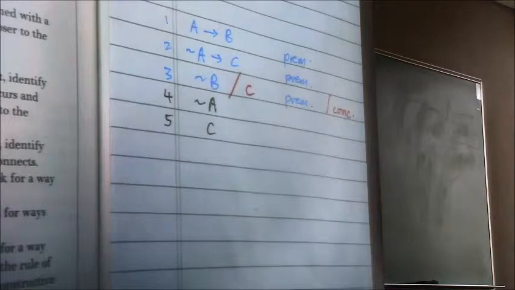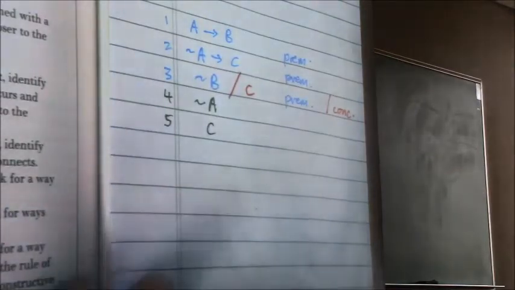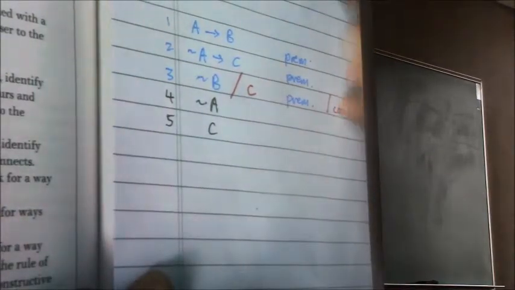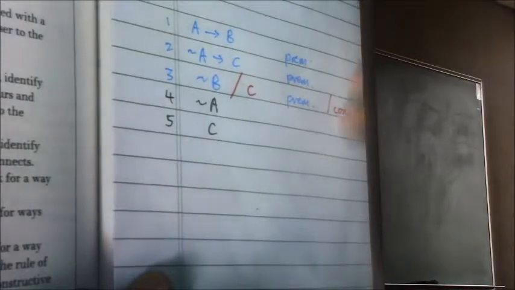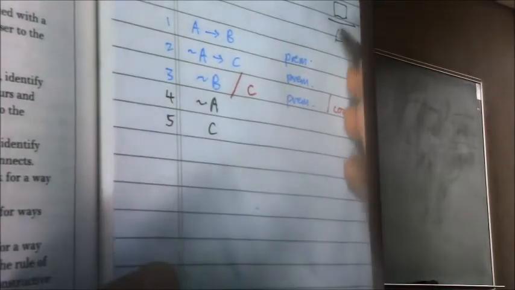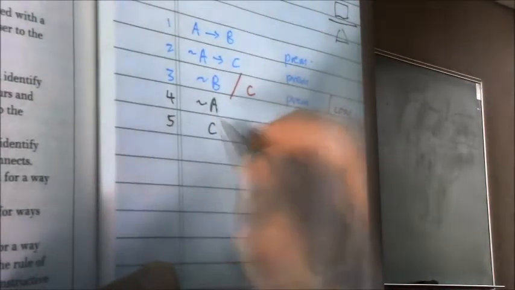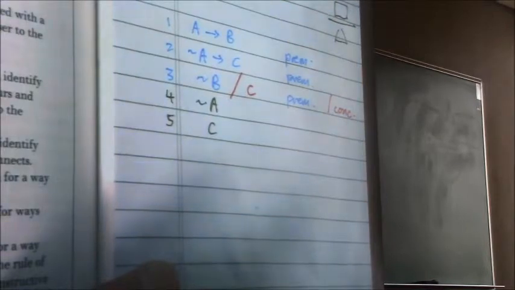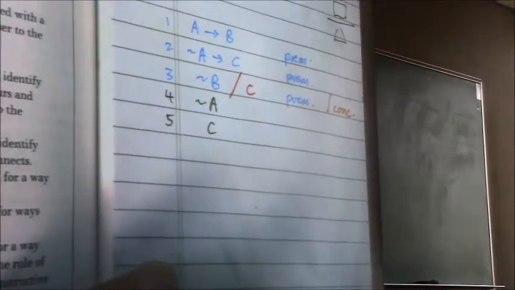Not modus ponens. Modus ponens looks like this, and I'm going to do what I did in the little video. So for us to arrive at not A by modus ponens, we would have to have something where not A was the consequent. We'd have to have something, then not A, and then we'd have to have that something.